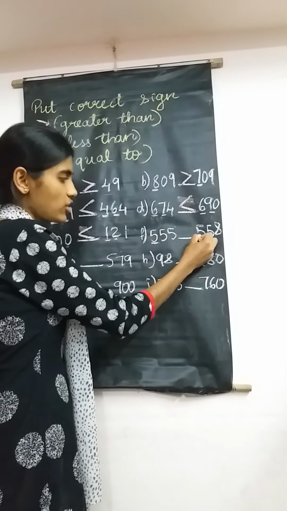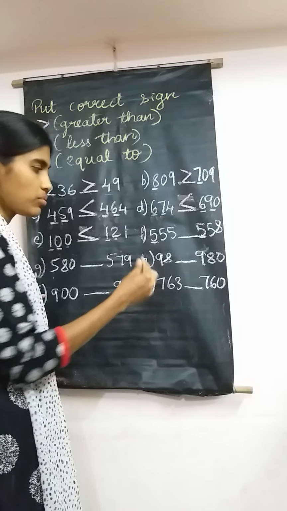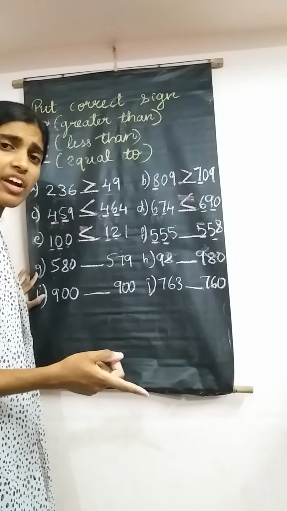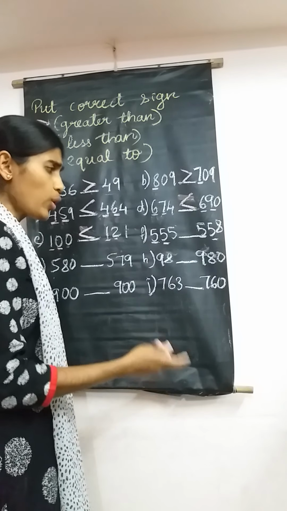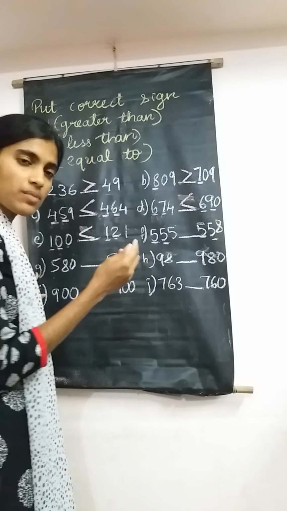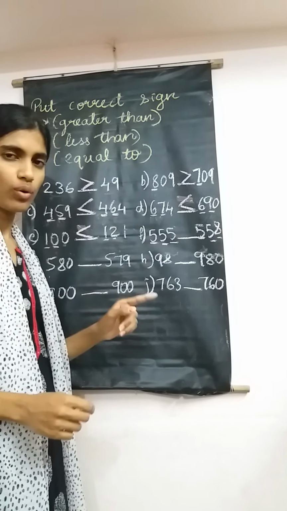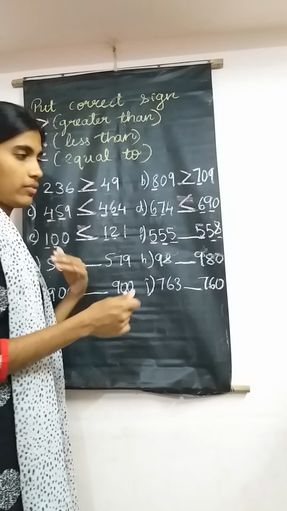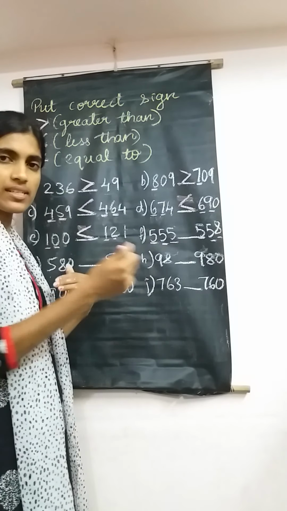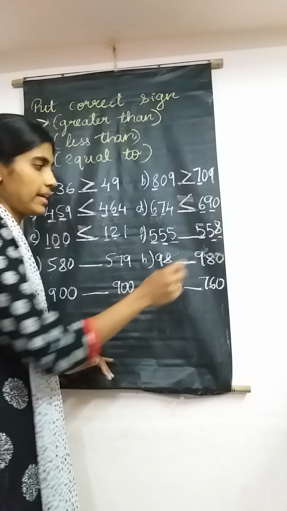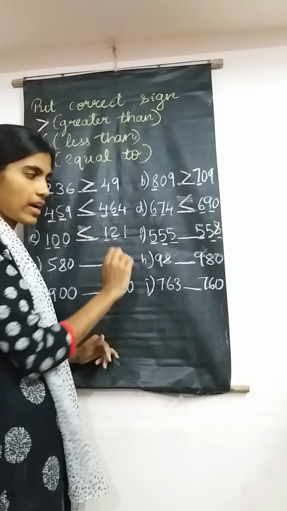Let us compare next, children, 5, 5. Same. Let us move to the next number. Again same number in the tens place, 5, 5. No problem. Let us move to the ones place and check 5 and 8. Are the other numbers same? Yes. So let us compare whether 5 or 8 is greater. Children, what do you think? 8 is greater, no children, and 5 is lesser.